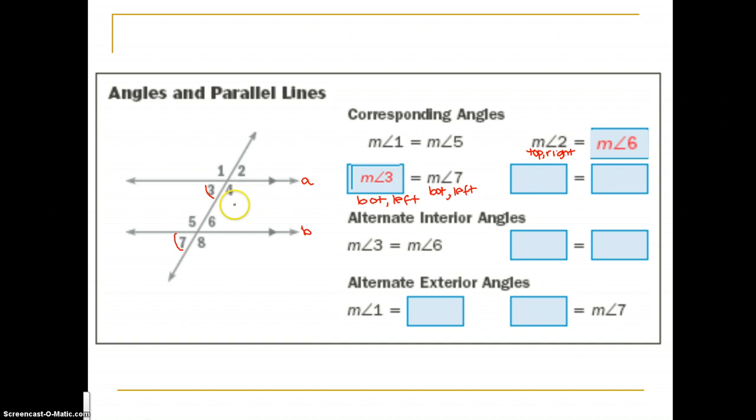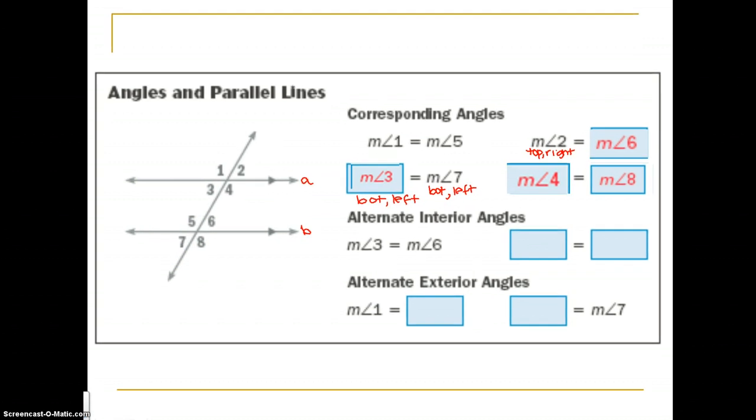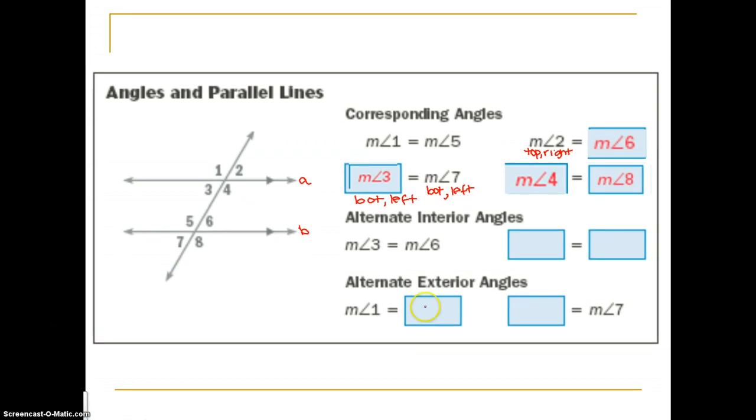That only leaves one location, and that is angle 4 and angle 8. Again, you can tell they're the same because they go bottom right. And this is also the bottom right. So again, the corresponding angles is all about your angle location.